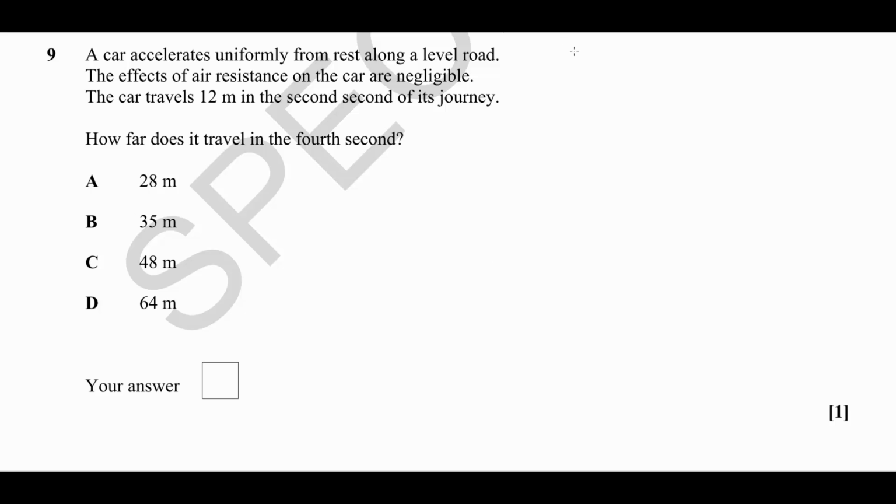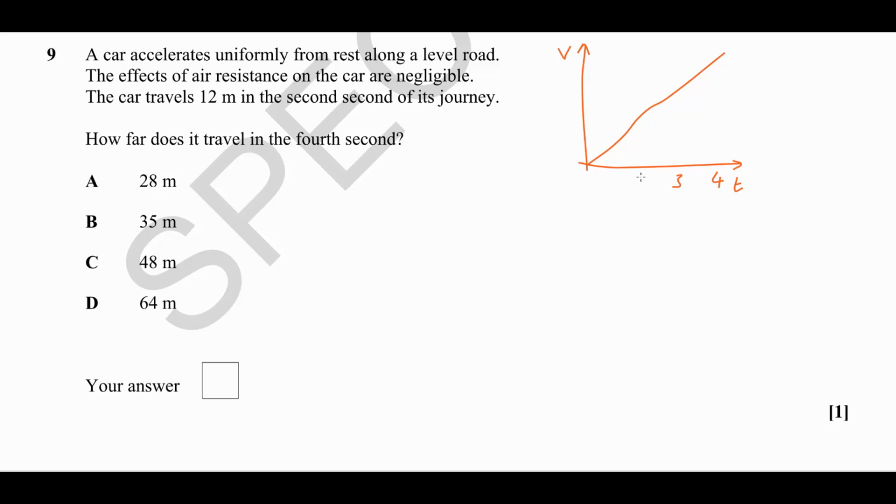So if I begin by sketching a velocity time graph, it's probably the easiest way of starting here. And a velocity time graph with a constant acceleration will give us a straight line. In total, we're interested in about 4 seconds of the journey.